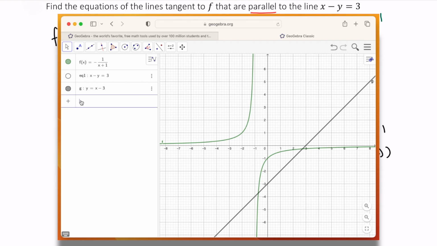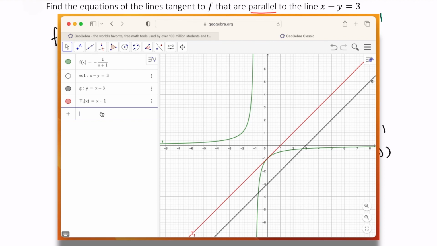And now let's type in our first tangent. I'm going to call this tangent 1 of x. That's equal to x minus 1. And there is that first tangent line in red, and it certainly looks parallel to this other line, y equals x minus 3.